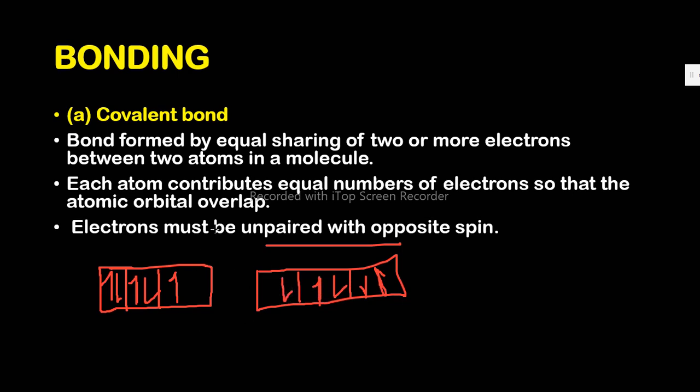The electrons to be shared must be unpaired, like you can see here.